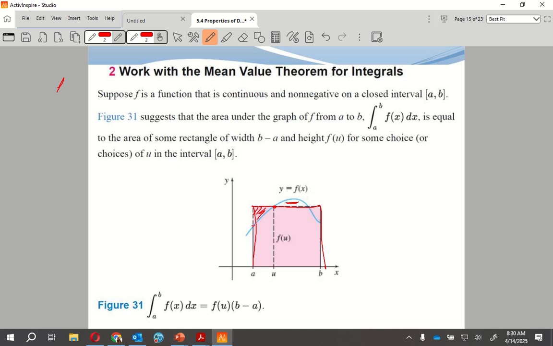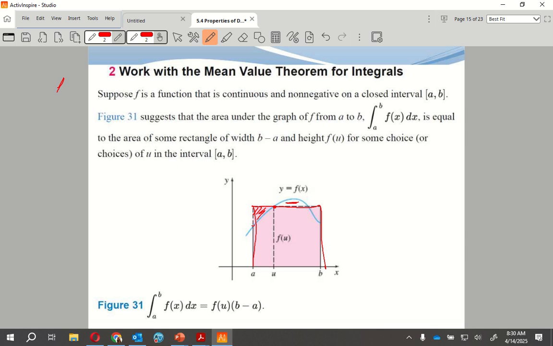So the integration is going to be equal to some u value, my f of u, times b minus a. It's basically like when we did the Riemann sum, remember when we were doing the rectangles?